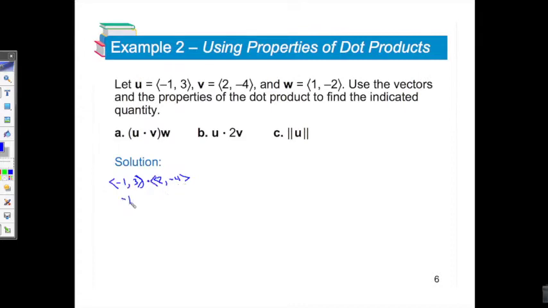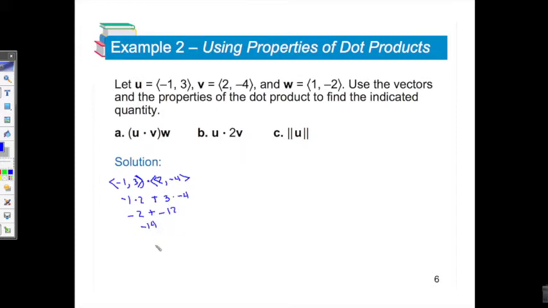So -1 times 2, and that's going to get added to 3 times -4. So -1 times 2 is simply -2, and I'm going to add that to 3 times -4, which is -12. So when I add all that together, I get -14. That's the dot product of just u and v.